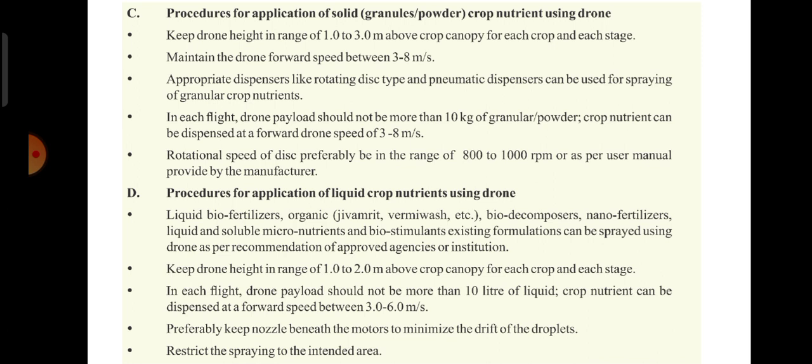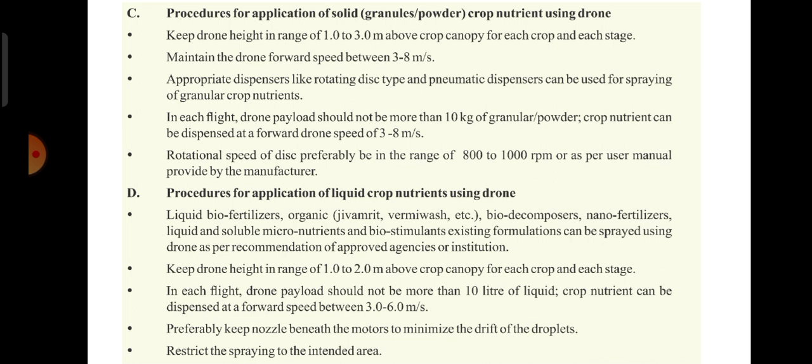Then appropriate dispensers like rotating disc type and pneumatic dispensers can be used for spraying of granular crop nutrients. In each flight, the drone payload should not be more than 10 kg of granular or powder. Crop nutrient can be dispensed at a forward drone speed of 3 to 8 meters per second. Rotational speed of the disc should preferably be in the range of 800 to 1000 rpm as per the user manual provided by manufacturers.